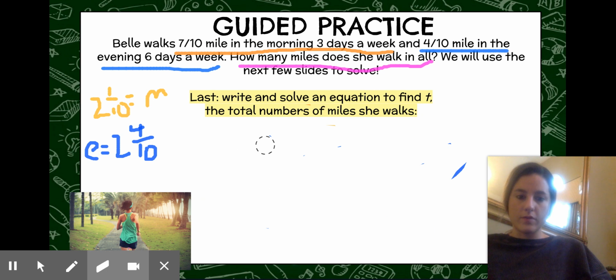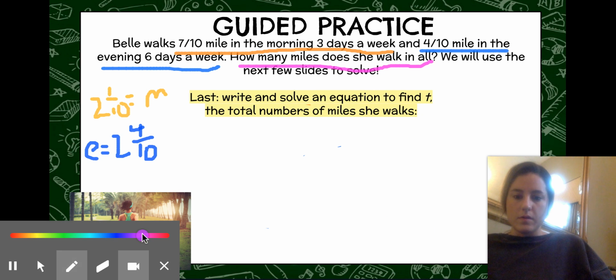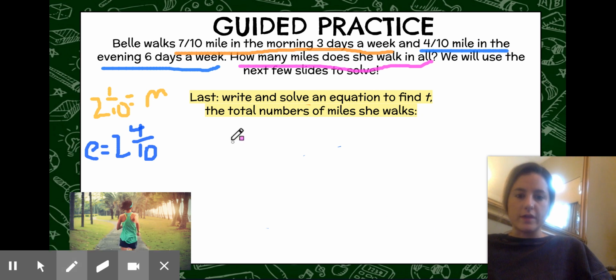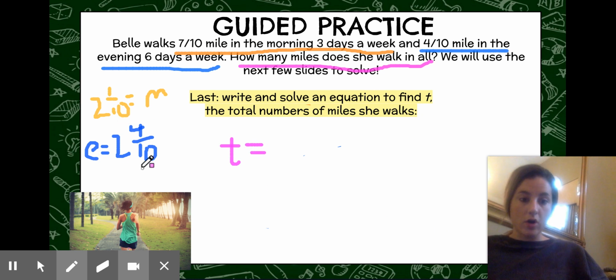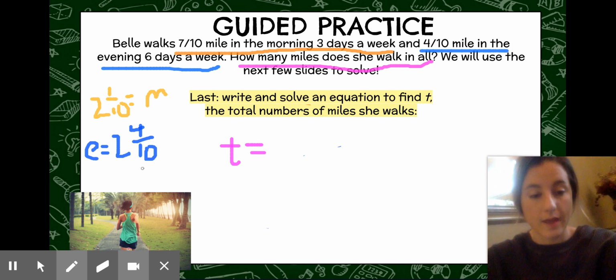And now for the last step. Last, write and solve an equation to find T, the total number of miles she walks. T equals, okay, so now I'm finding the total. I already multiplied, so do I have to multiply again?